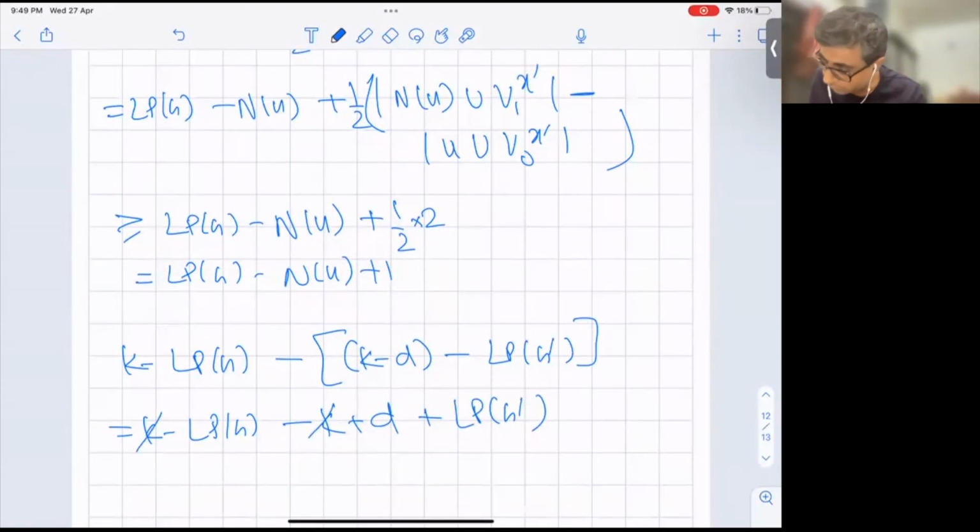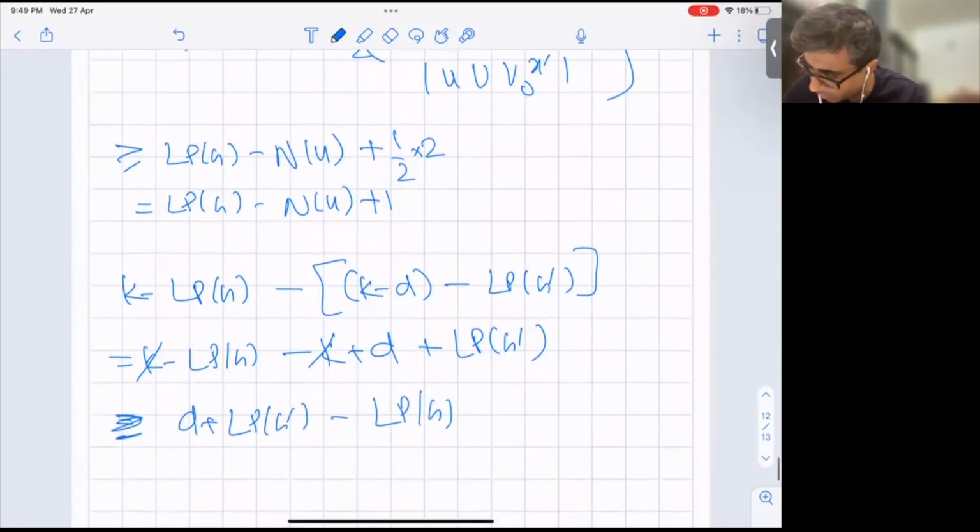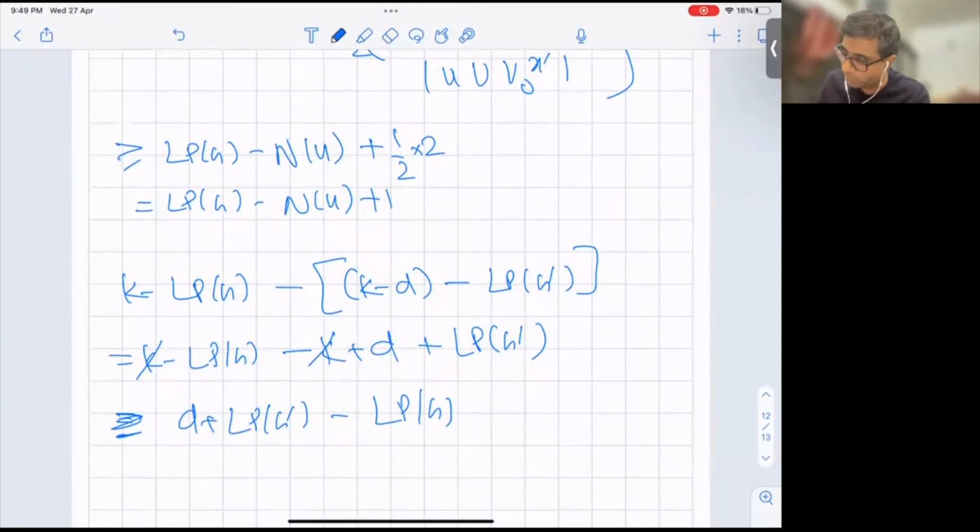So what do we get now? This number is D plus LP of G prime minus LP of G. And what is the property? LP of G prime is at least this quantity.